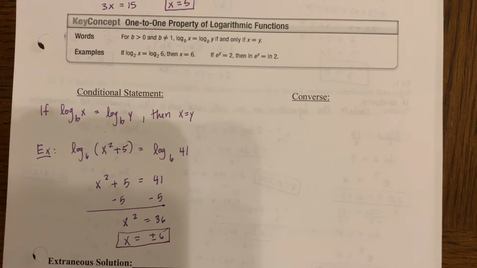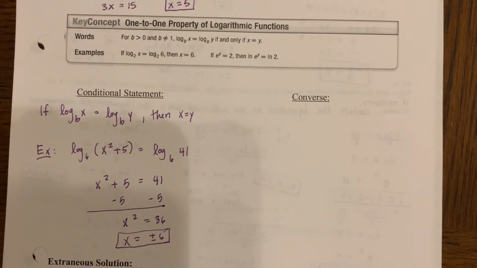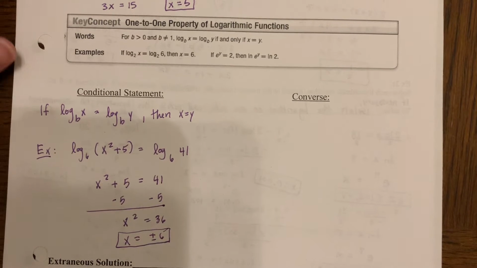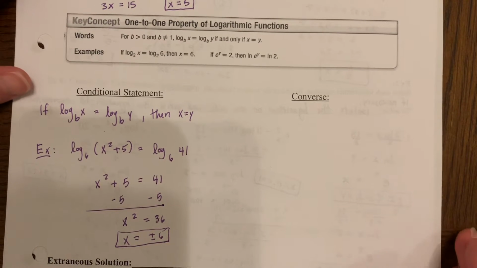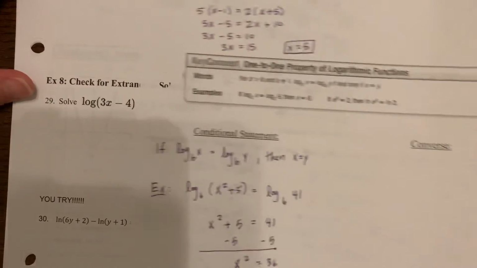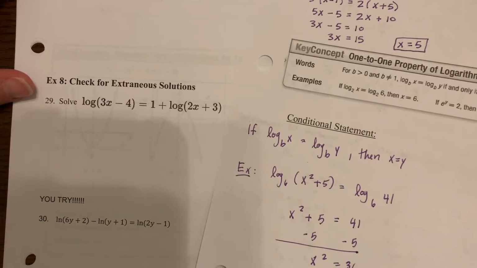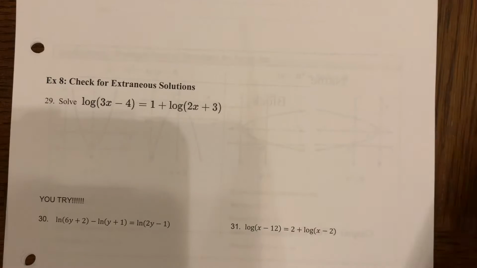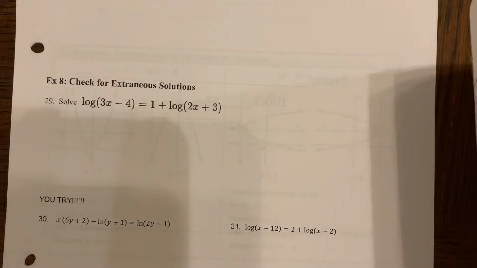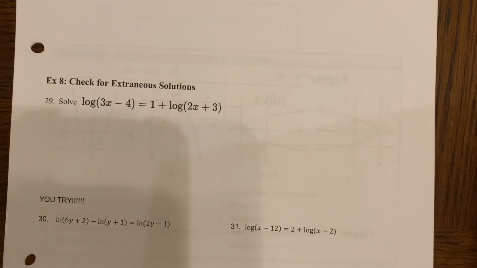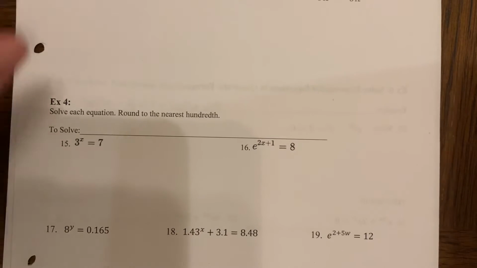When you are ready, I'm going to have you turn to example number 3. We're going to look at several types of equations that use the one-to-one property of logarithmic functions. Example 3, solve each equation.